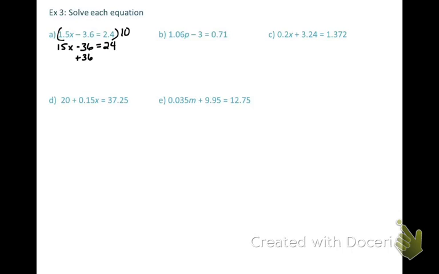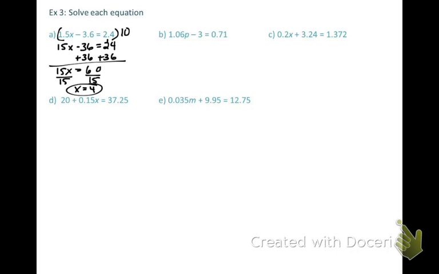Add 36 to both sides. And that is going to be 60, and then divide by 15, and that's a number.